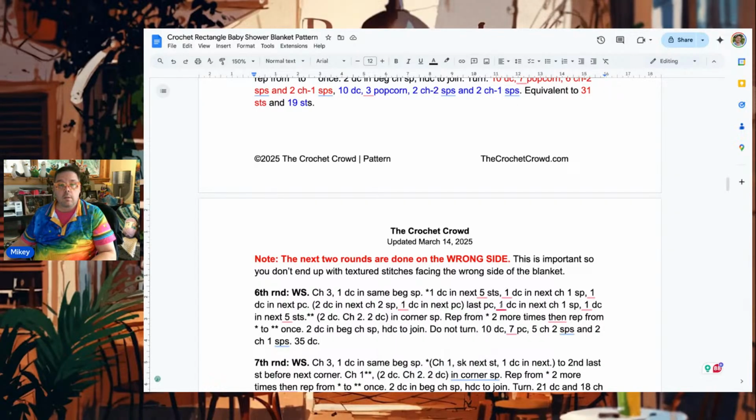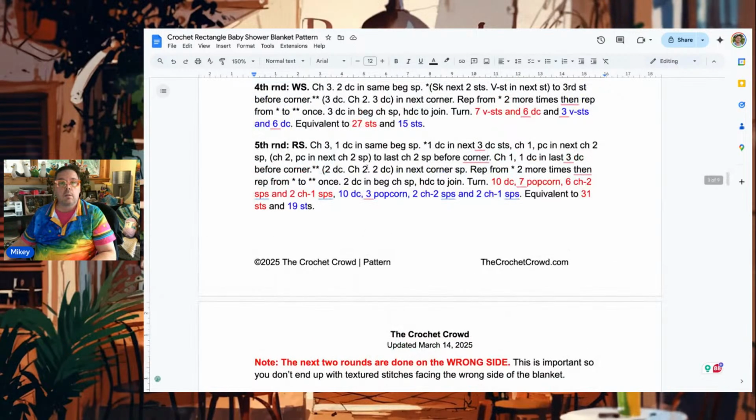This set is a popcorn in the next space.